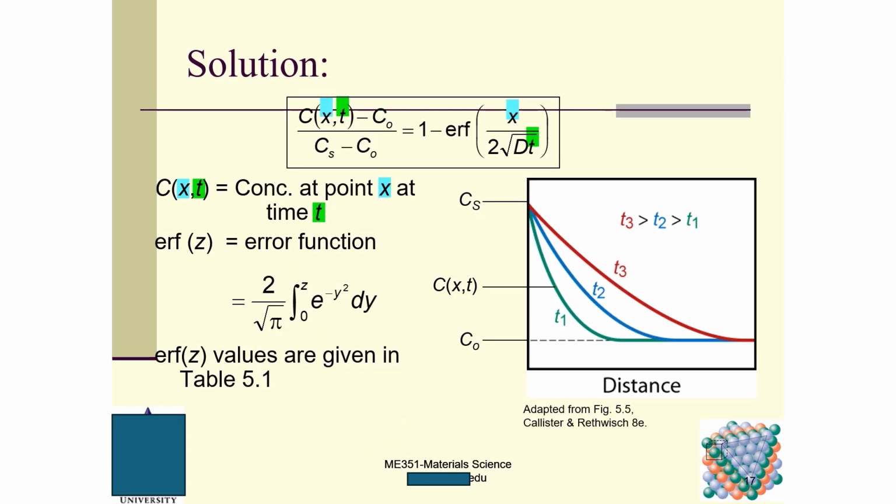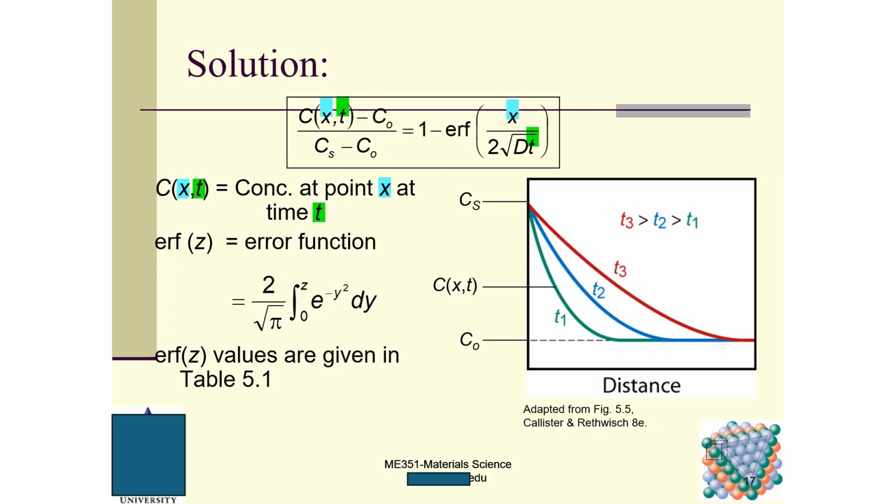For the solution, we use this equation. Don't panic, I will not ask you to memorize this equation. If I want to test your understanding of this problem, I will give you the equation and the problem statement, so you know how to use this equation to solve engineering problems instead of memorizing it.